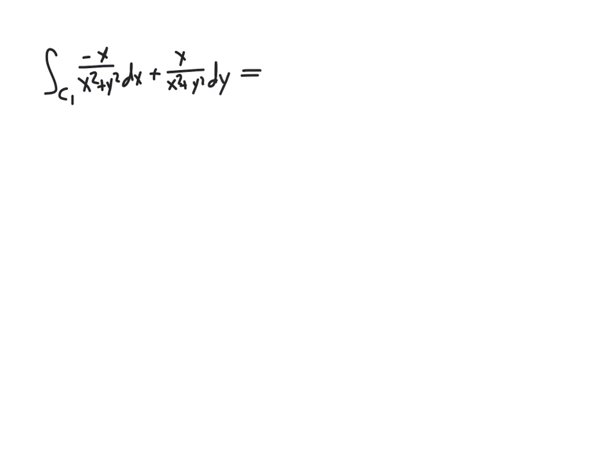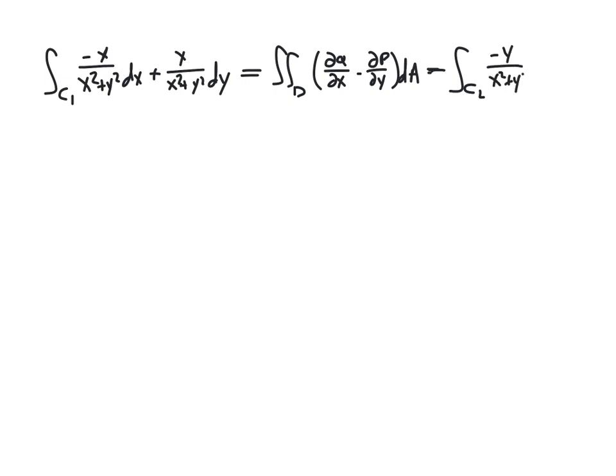Using Green's theorem, we saw this was the double integral over D of this function, dQ/dx minus dP/dy, minus the integral over that circle, C2, of our function negative y over x squared plus y squared dx plus x over x squared plus y squared dy.